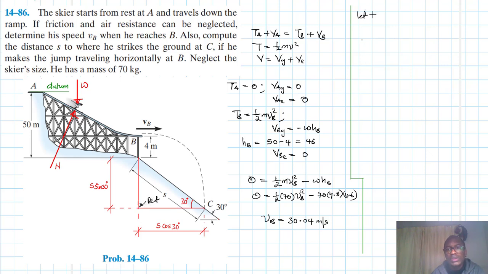So let's now find S. We use this equation. Remember this equation. Our acceleration is constant, acceleration due to gravity. So let's start with vertical motion. What do we have? S is equal to 0.